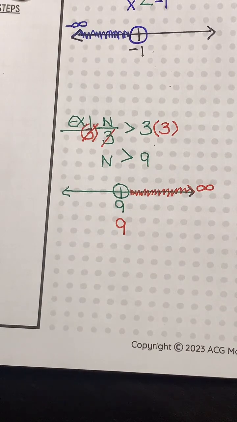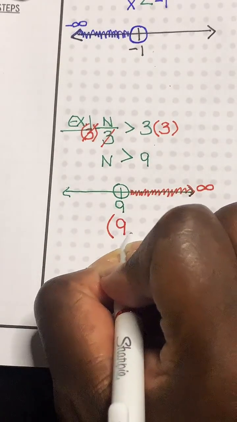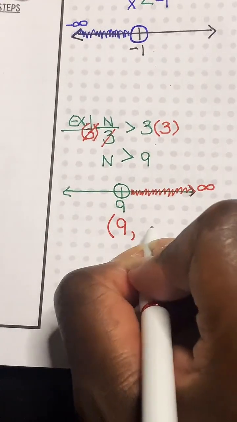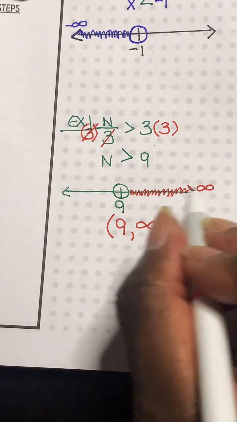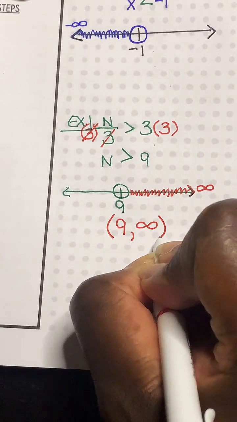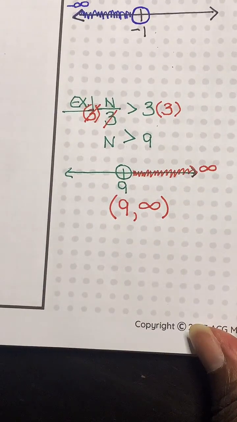Nice. Good. Parenthesis. Excellent, guys. You guys are really getting this, okay? So that means we're going all the way to positive infinity. And infinities, no matter if it's positive or negative, will always get a parenthesis. Okay? Make sense?